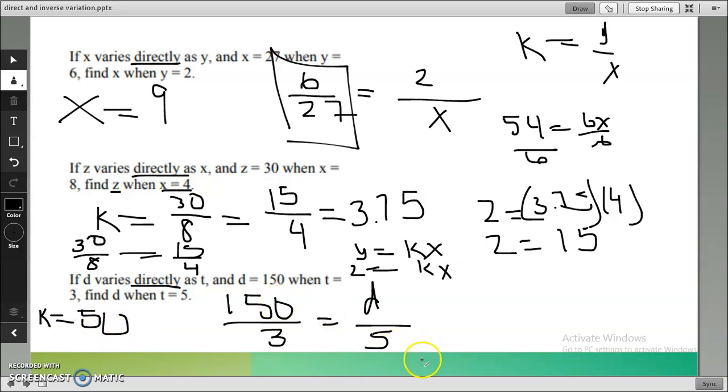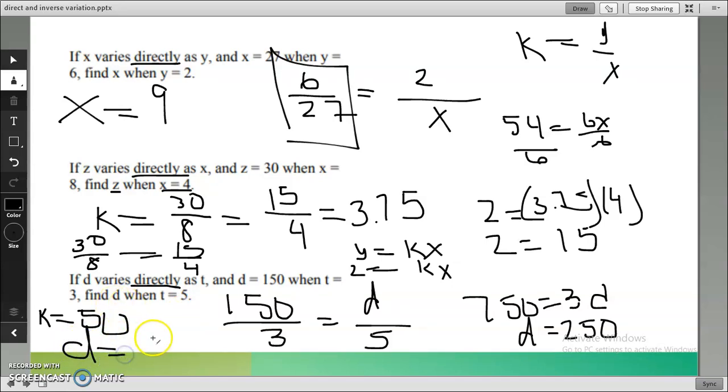I cross multiply, so 150 times 5 is 750 equals 3d. So divide both sides by 3 and I get d is equal to 250. Why not just go ahead and try the other way too, just to see if it comes out correct. So we say d is equal to 50 times 5, and we know that that is 250.